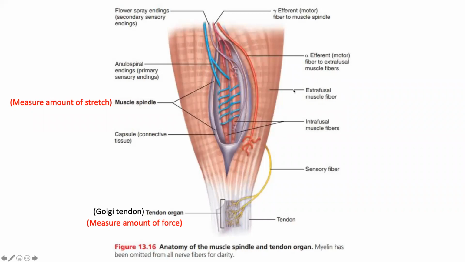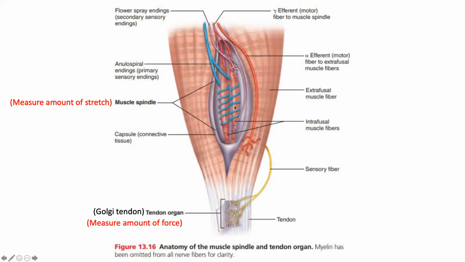In between the extrafusal muscle fibers, here colored light purple, we can see little capsules. These capsules are called muscle spindles. So muscle spindles lie in between the muscle fibers, and in the muscle spindles we have intrafusal muscle fibers.